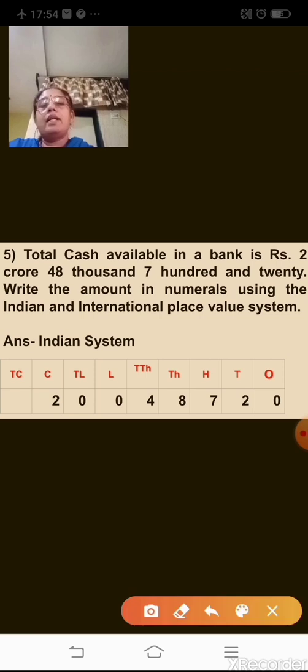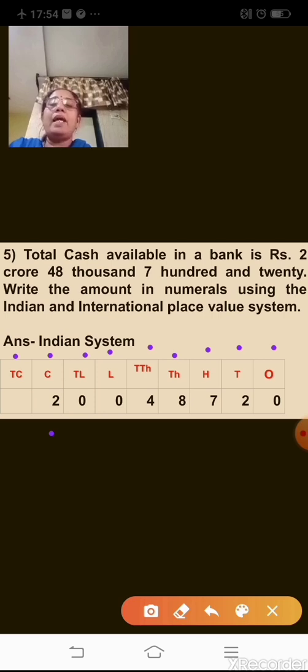You'll start from ones, tens, 100, 1000, 10,000, then comes lakh, 10 lakh, crore, and then 10 crores. Now when you're putting the numbers according to the Indian numerical system, your number is 2 crores, so you will write 2 under the crore column. Then you will have 48,000.